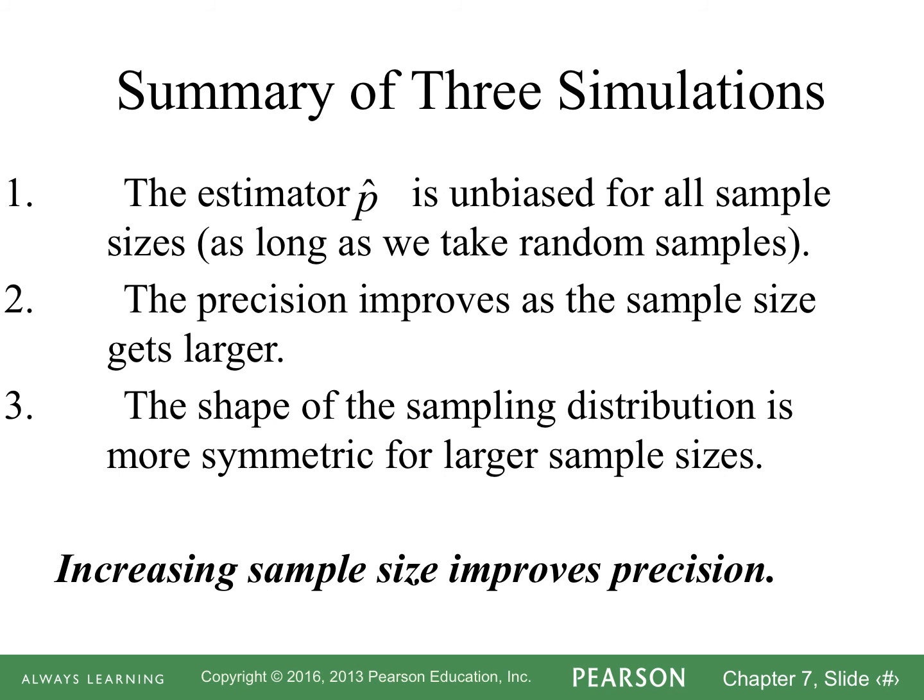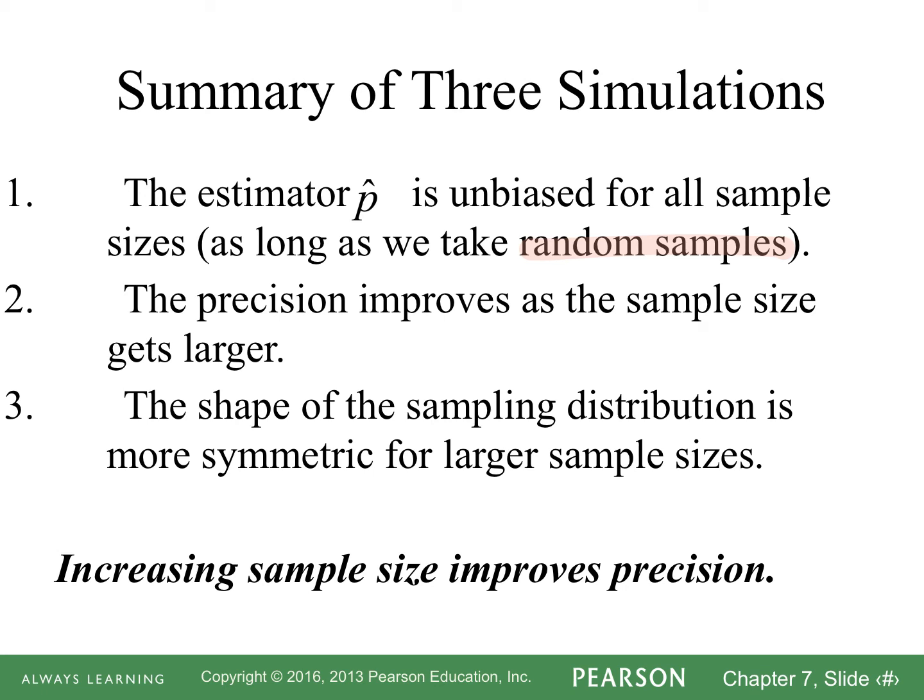Okay, so summary of the 3 simulations. The estimator, p hat, is unbiased for all sample sizes as long as we take random samples. So to avoid bias, you want to make sure that you're doing a random assignment. Again, that was also one of the 4 gold standards, random assignment.